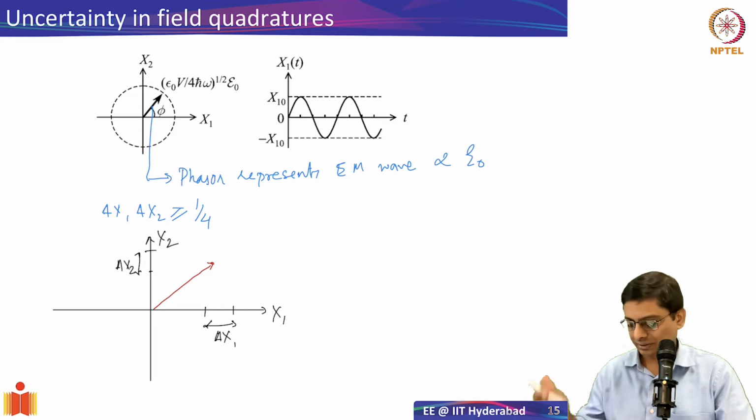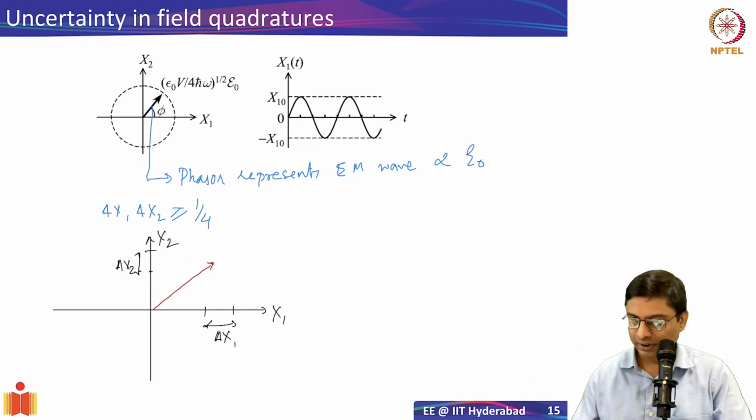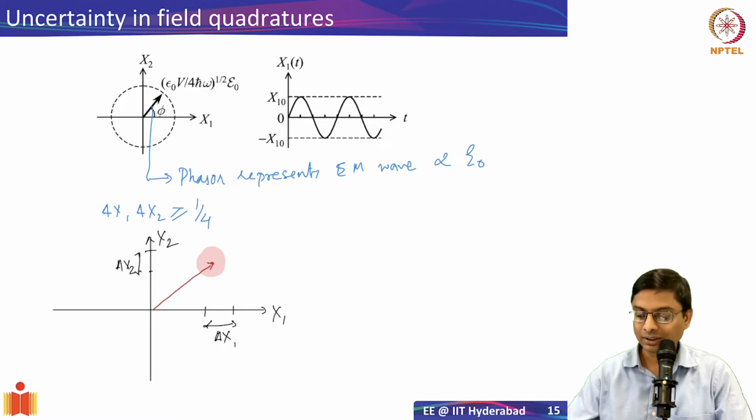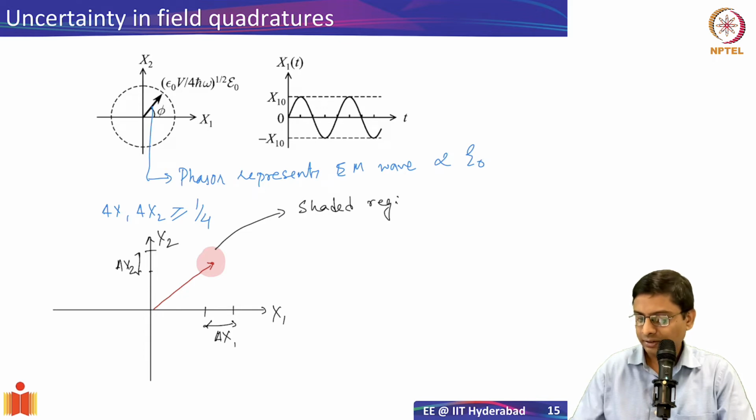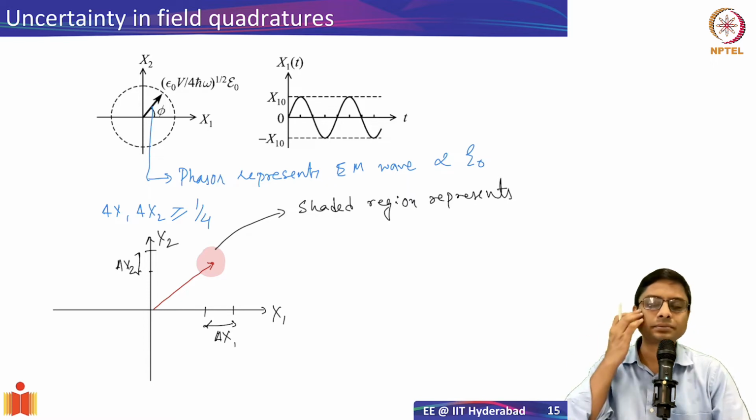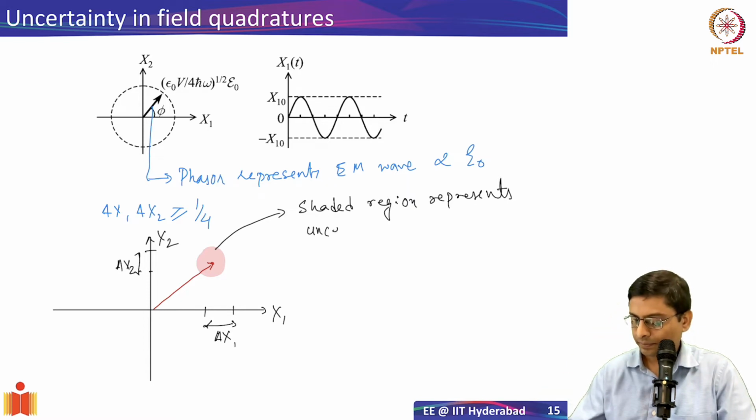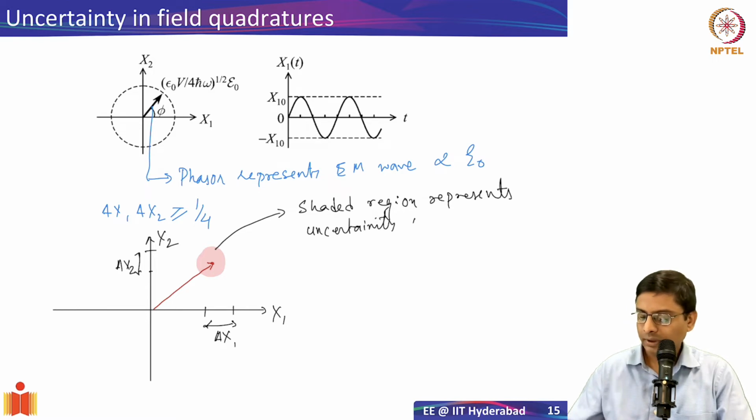Then the position of this phasor here is uncertain. There's a region of uncertainty associated with the phasor. So the shaded region represents the uncertainty in the wave, right? EM wave, uncertainty in the EM wave.